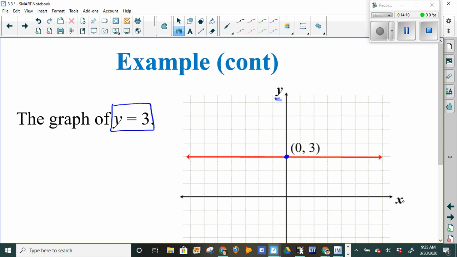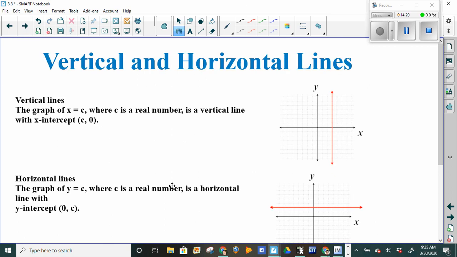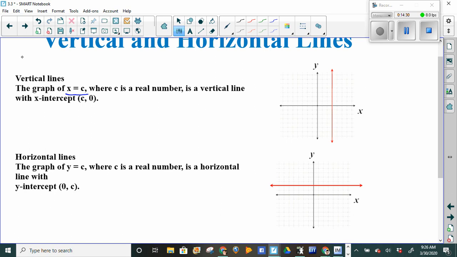So when it says x equals, it's a vertical Vux, and when it says y equals, it's a horizontal Hoy. So vertical lines, that's where they're getting the x equals c. C is the constant, it's a real number. So if you can memorize this, it would be best.